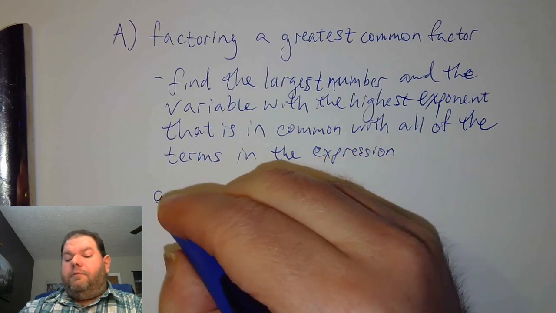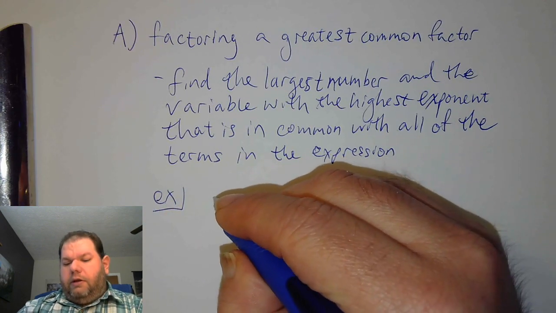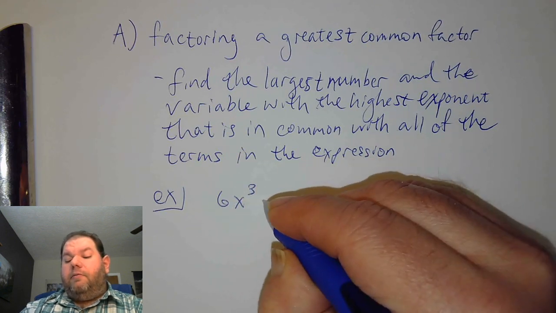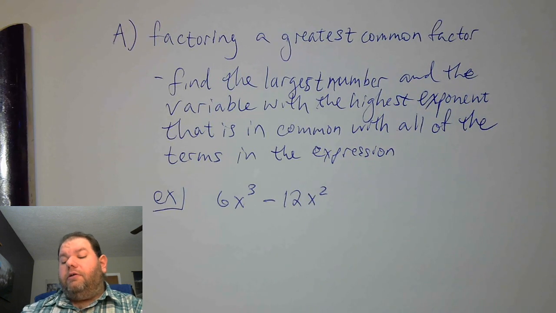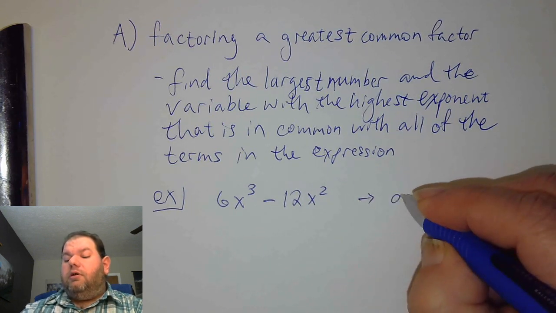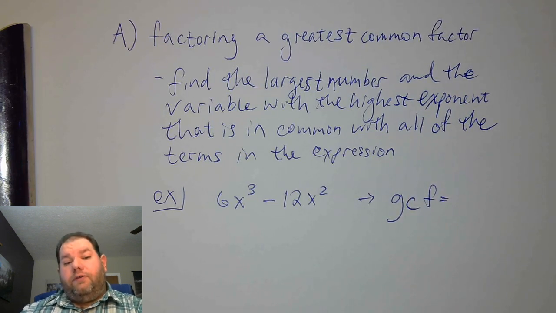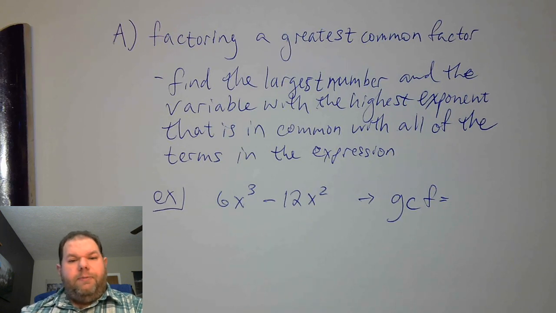So for example, if we have the expression 6x cubed minus 12x squared, what would the greatest common factor be between those two terms? So we have two terms here. Terms will always be separated by pluses or minuses.